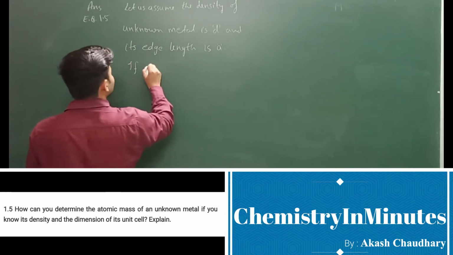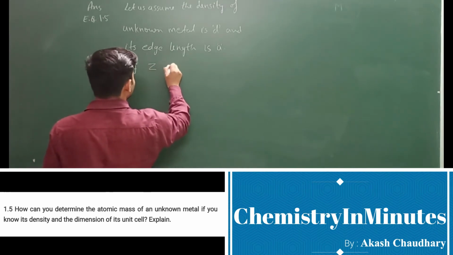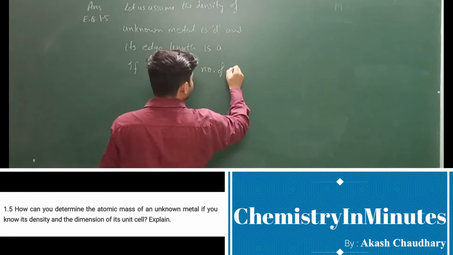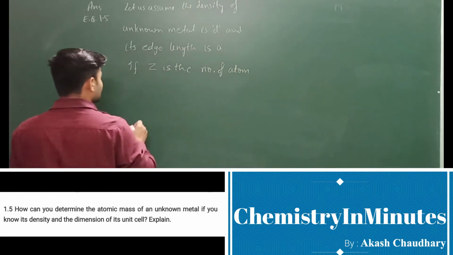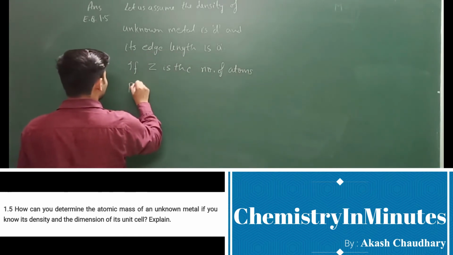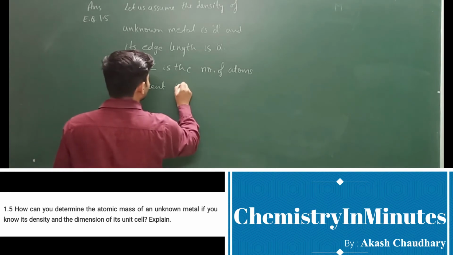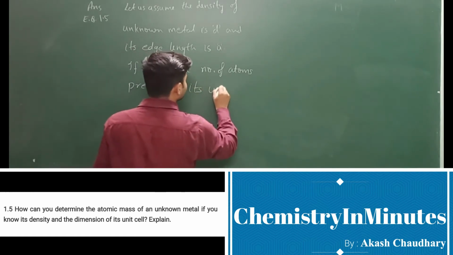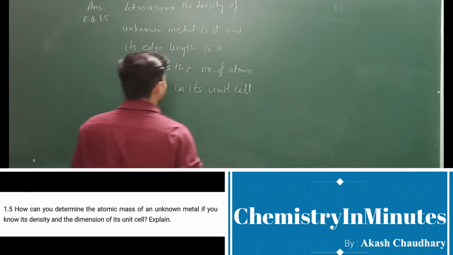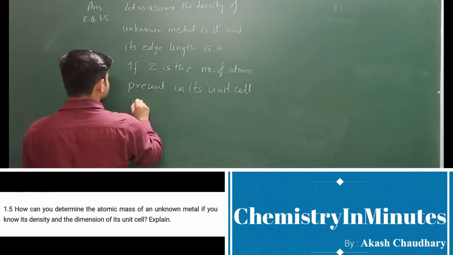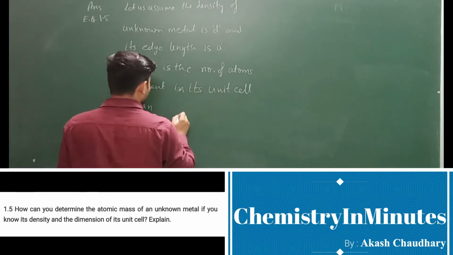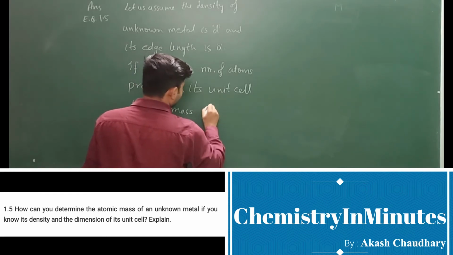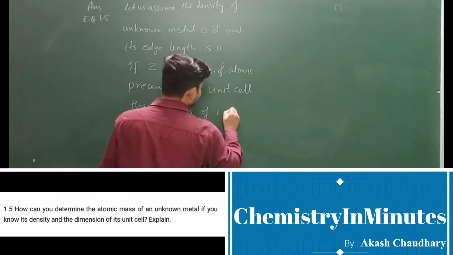If Z is the number of atoms present in its unit cell, then mass of one unit cell.